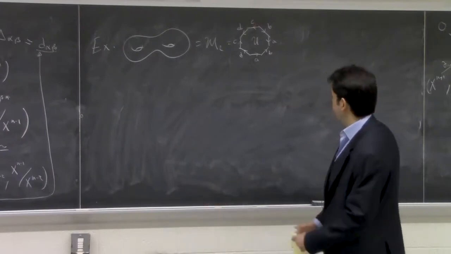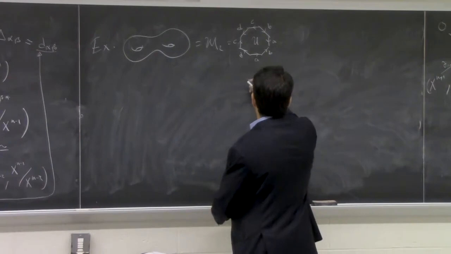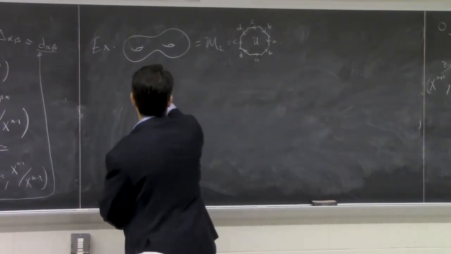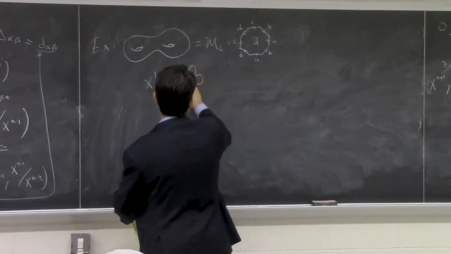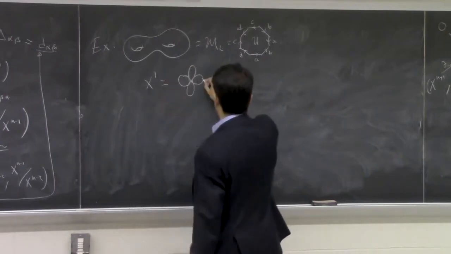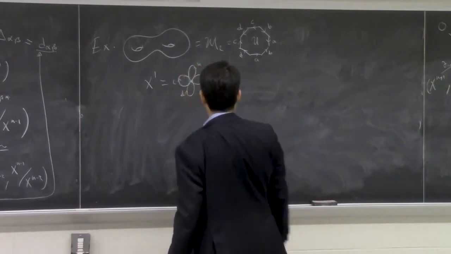Right? OK. The 1-skeleton is just a bouquet of 4 circles, 1 for A, 1 for B, 1 for C, 1 for D.